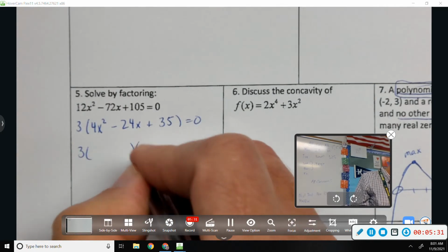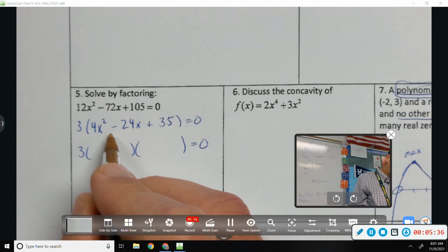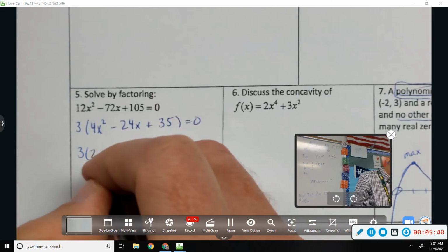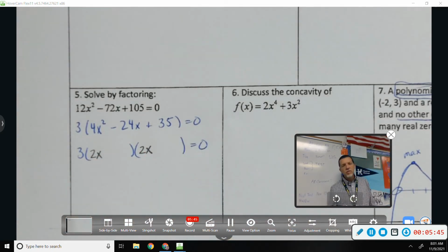I may as well keep going. Usually the smaller or closer numbers are the best bets for the guesses. So I'm going to start with 2x and 2x. I switched to a pencil in case I mess this up.